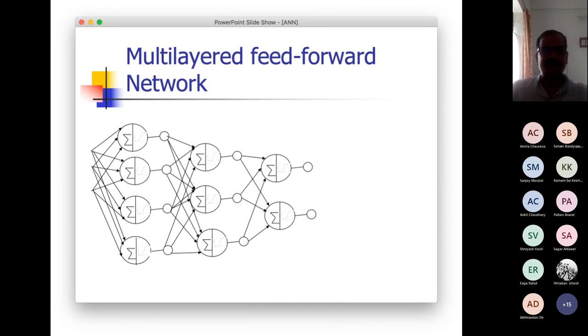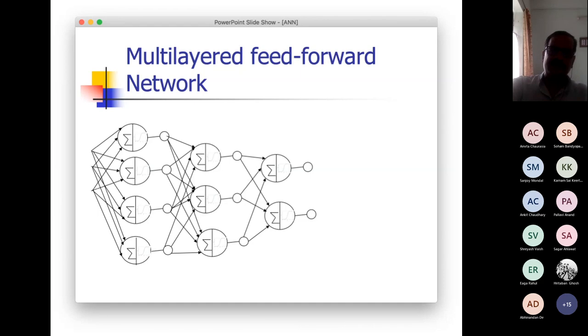A layer consists of a set of perceptrons or neurons, and the outputs of all those responses are connected to the input of the neurons of the next layer. That is how the layers are defined, and since we have more layers in this kind of connectivity, we call it multi-layered. The term feed-forward comes because there is no feedback from the output side towards any input node.